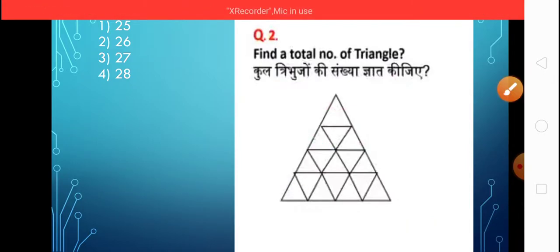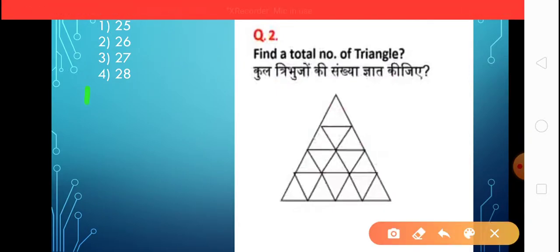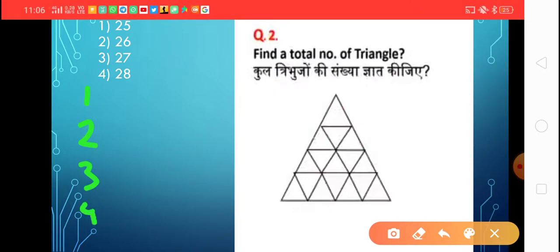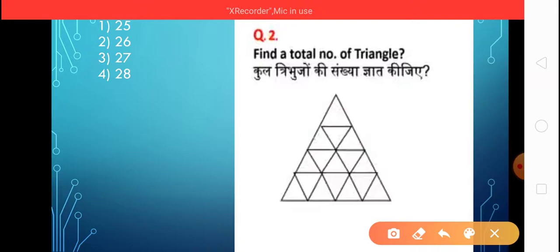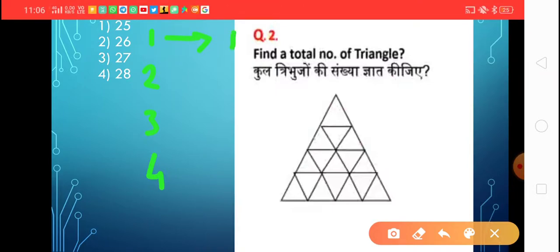Now we will again write 1, 2, 3 and 4. Let me write it upward. 1, 2, 3 and 4. 1, we have to write 1 in front of it. Then we have to add this 1 to this 2, it comes out to be 3.